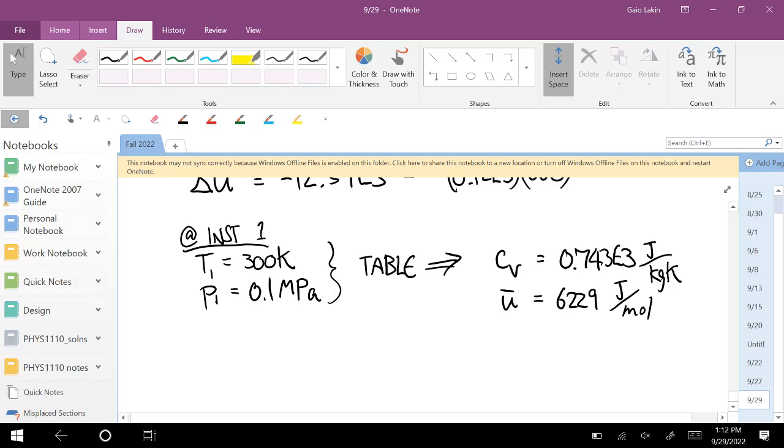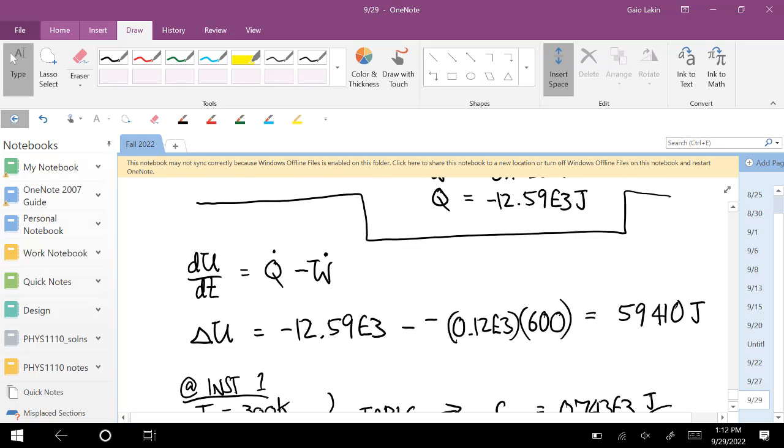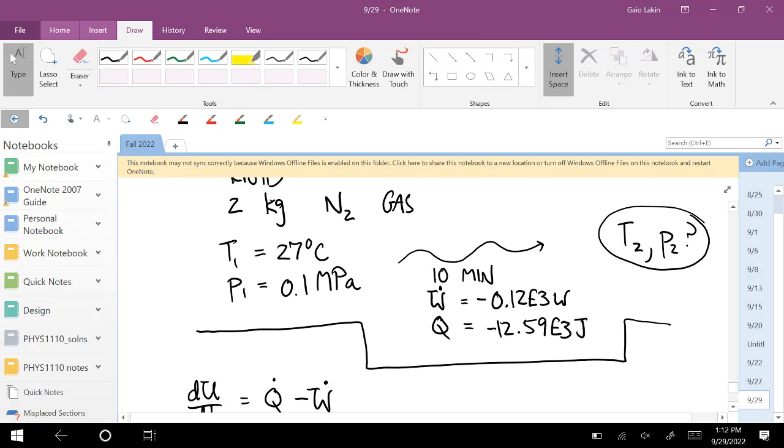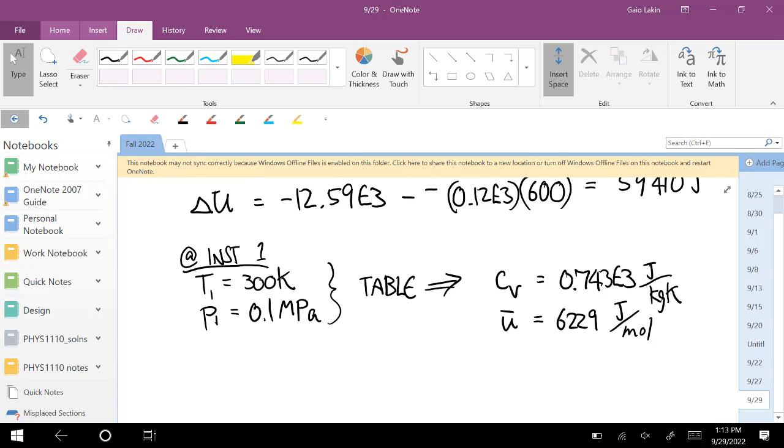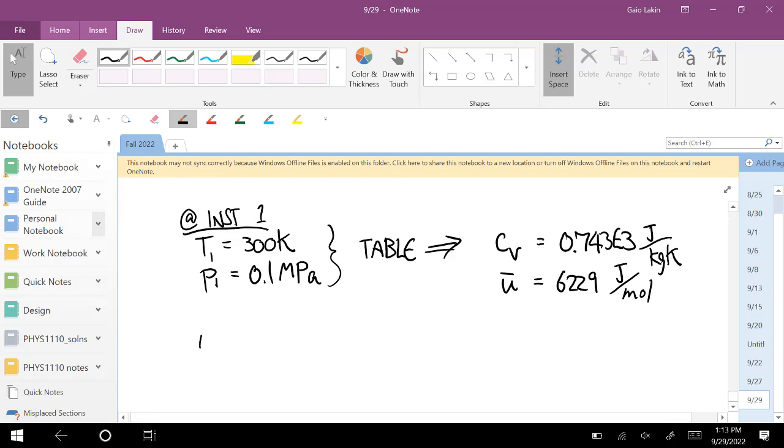Okay, well, how do we figure out how many moles of gas we have? We know that we have 2 kilograms. So if we look up the molar mass of nitrogen, we can just divide 2 kilograms by the molar mass, and that'll give us the number of moles that we have. The molar mass for nitrogen is 28.02 times 10 to the minus third kilograms per mole.